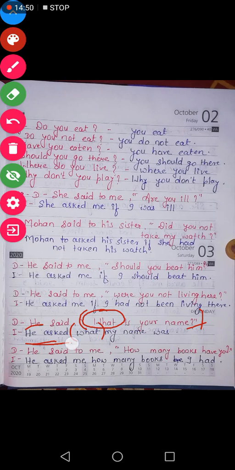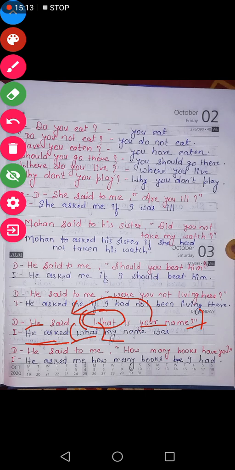So what remained same? Then subject. Subject here is your. Your will be changed according to the object, but object is not given. So I already have told you that when object is not given, yet we need to change it into indirect.